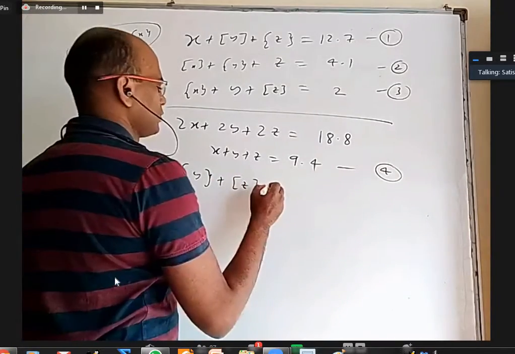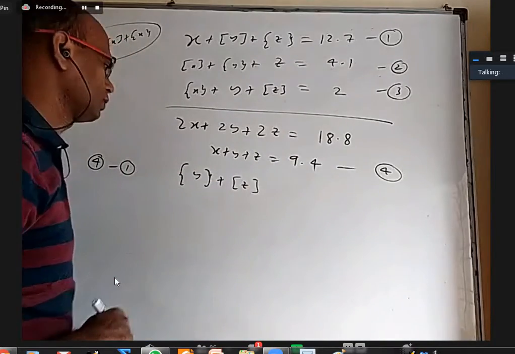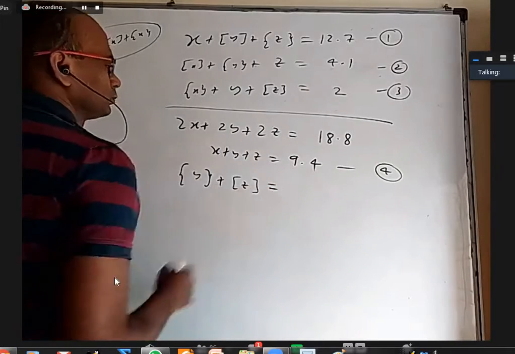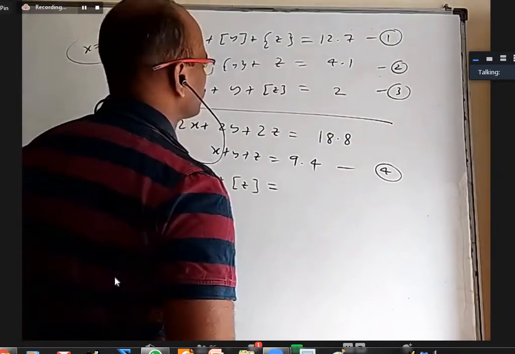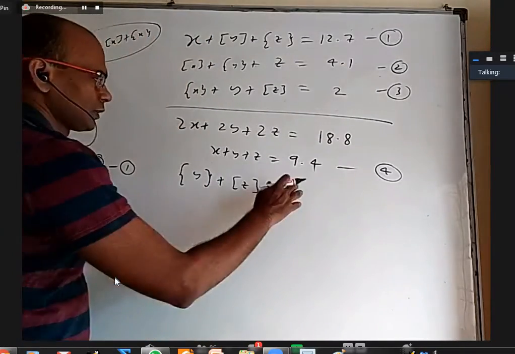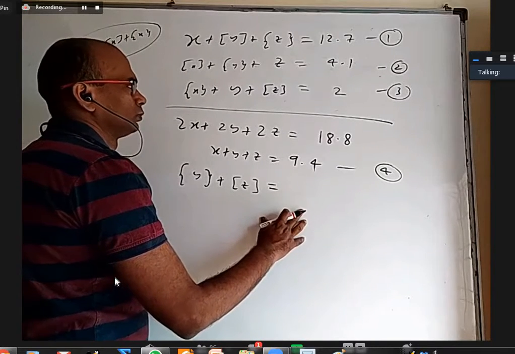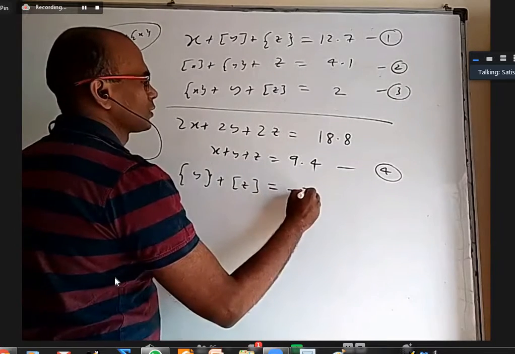And that is equal to, from this I am removing this, right? So I'll get negative. Obviously I'll get negative. So if I remove, it is minus 3.3.